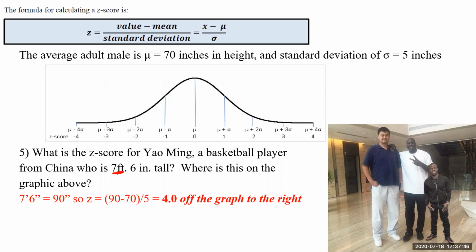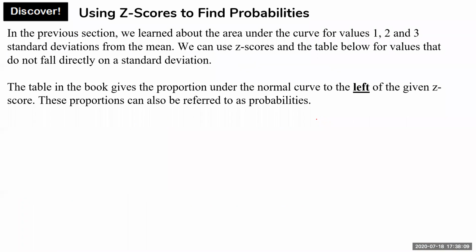So you multiply 7 by 12 plus 6, and that gives you 90. And Yao Ming's z-score is 4.0. That is off to the right, right? So Yao Ming is an outlier, okay? You rarely find people of that height, okay?